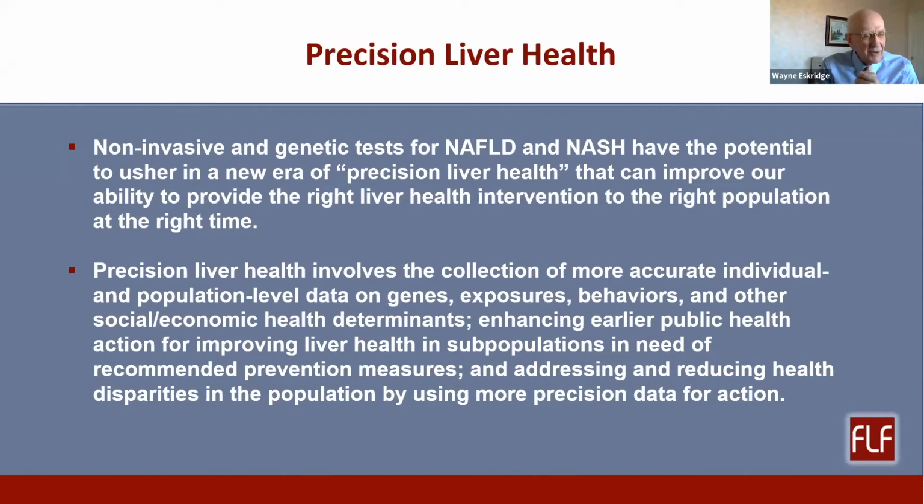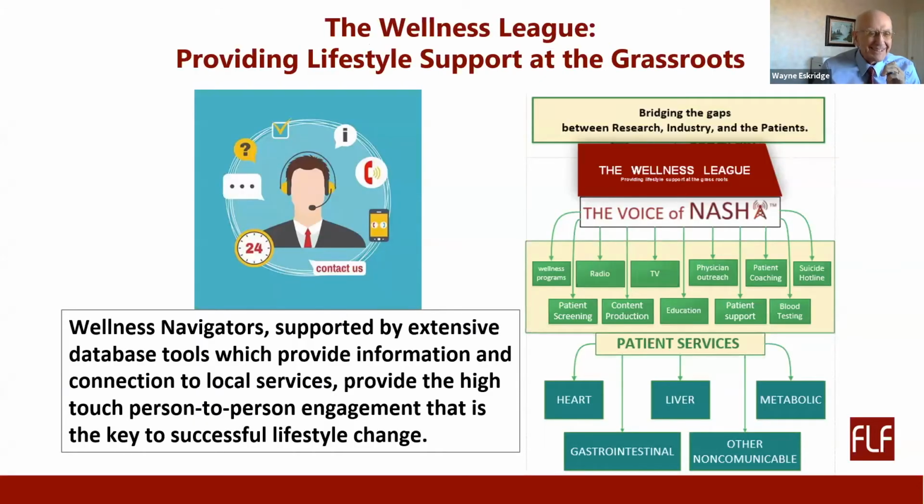And where we're hoping to take things is to what we call precision liver health, where we have combinations of non-invasive blood markers, genetic tests, mechanical tests such as the FibroScan. This combination can be done at the time in a person's disease when it's possible to not have them become ill. And that's really the whole point of the thing. We don't want to become ill.